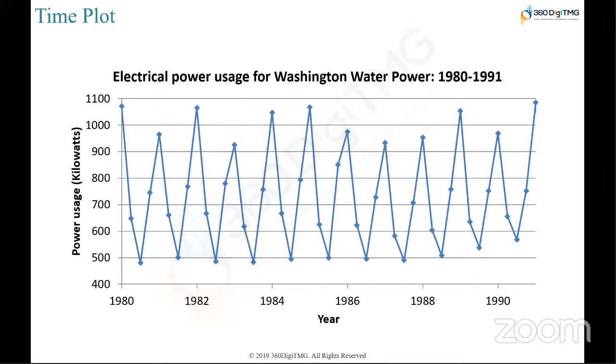Don't confuse it with hazard and all that. Do you remember the capital M? In this particular data, what is the length of seasonality? What is the M value here? 4. We say 4. We don't say 4 quarters or 1 year. We say the length of seasonality is 4.